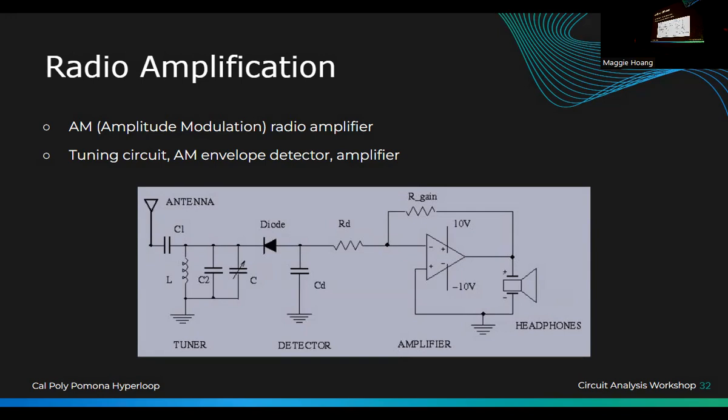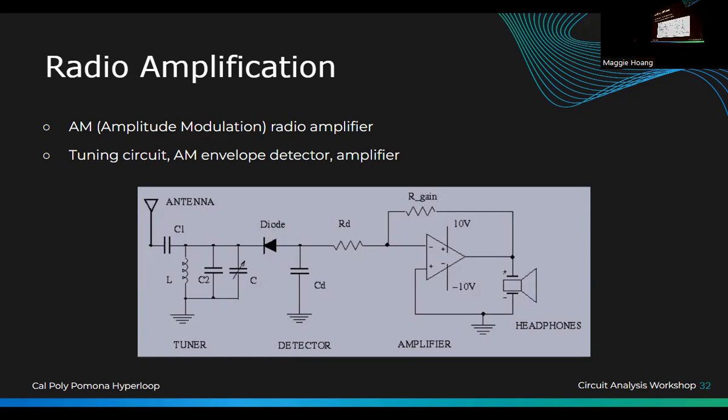So FM is, not to go into too much detail, this is like an FM signal right here. And the way it works is that you're mixing two signals. You have the data signal, which is this top one. And then you have a carrier signal, which is a really high frequency that carries the data signal, right?